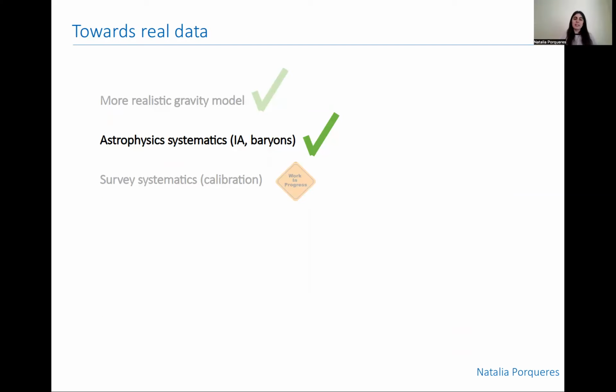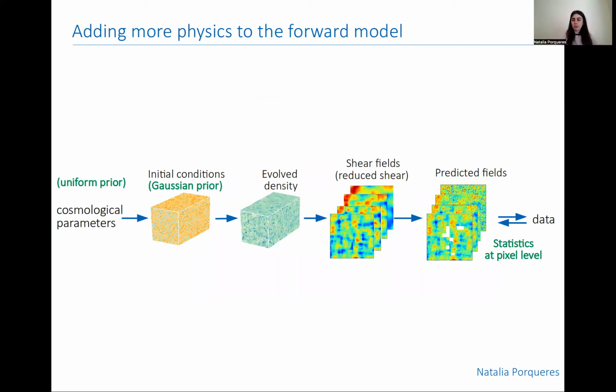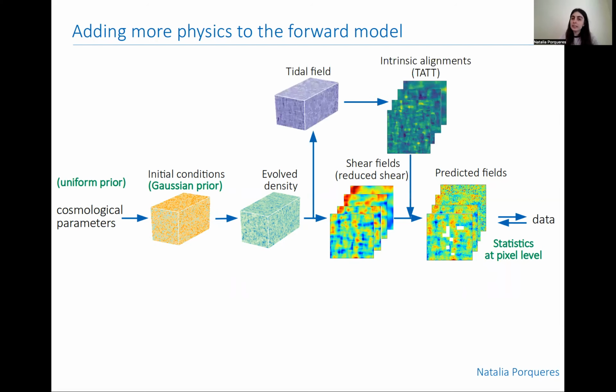Okay, so this is the forward model that we had. And here we are missing intrinsic alignments, which we have now added. We have the dark matter distribution, and that means we have access to the tidal field. We can just compute the tidal field here, and from the tidal field, we can compute the intrinsic alignments.